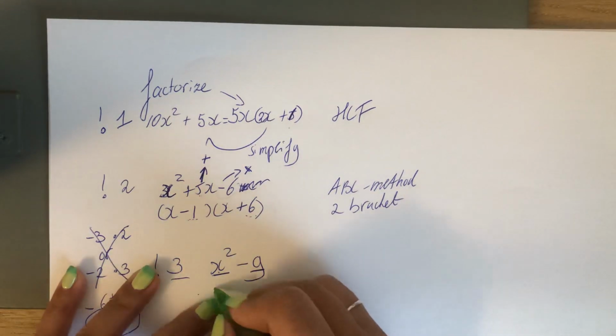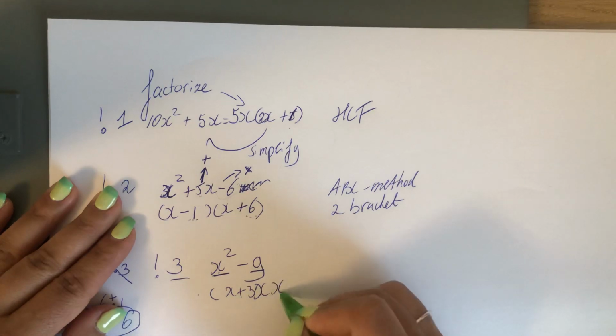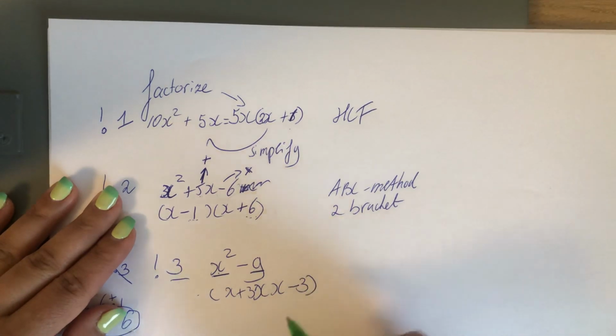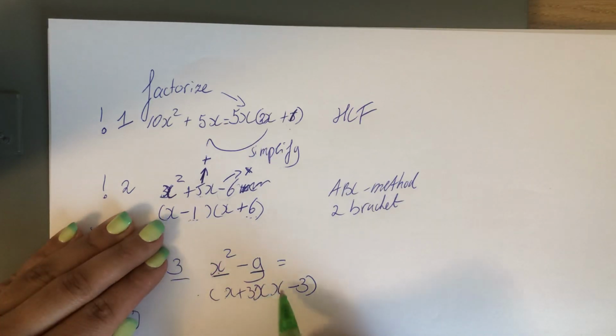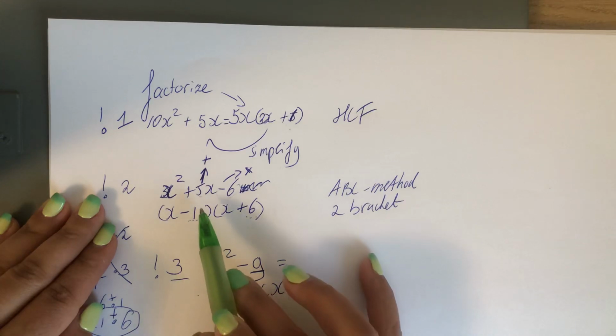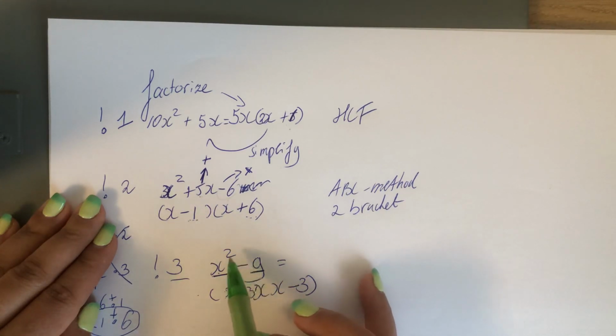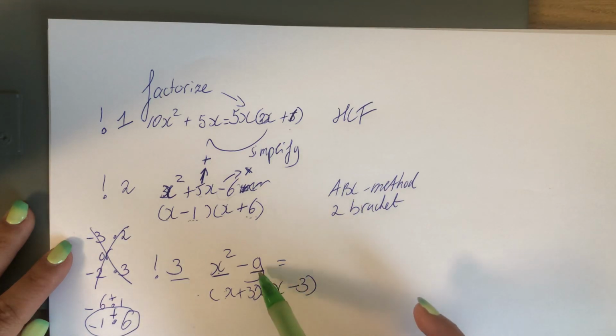You can use then x plus 3 times x minus 3. This is factorized because x times x is x squared, and because of the plus and the minus, the second term will disappear. And then eventually 3 times minus 3 is minus 9.